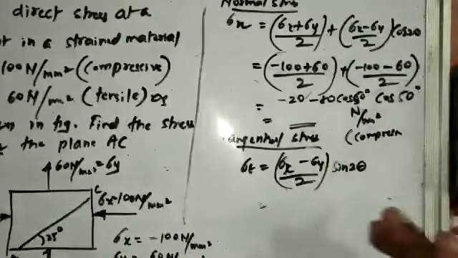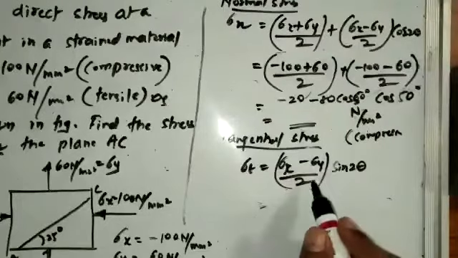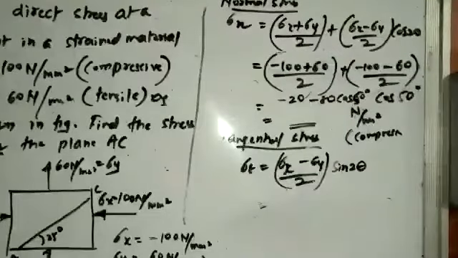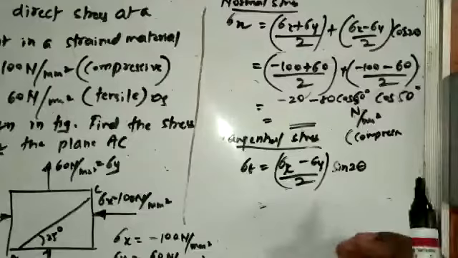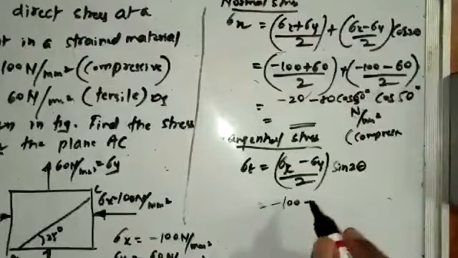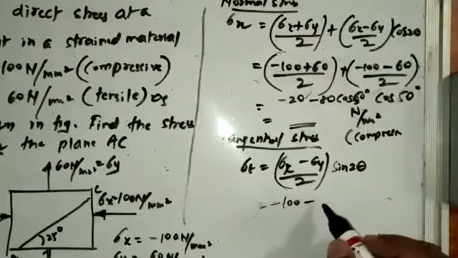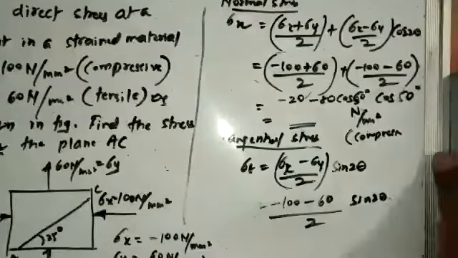So I cannot calculate. What about the tangential stress, sigma x minus sigma y by 2 sine 2 theta? Sigma x is, according to the sign convention, minus 100, minus sigma y which is 60, by 2 sine 2 theta, that means sine 50.